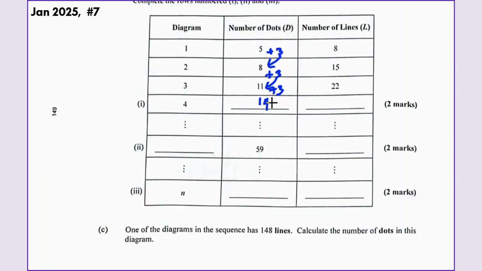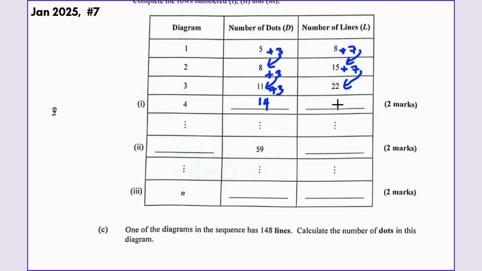If you look at the final column, the number of lines, let's examine the pattern here. We have 8, 15, 22. You will see that it's the same type of pattern where for every step you are increasing by the exact same amount. In this case, it's 7, because 8 plus 7 will give you 15, and then if I add 7 to that, I'll get 22.